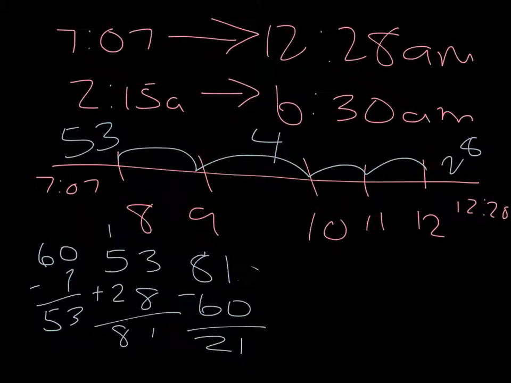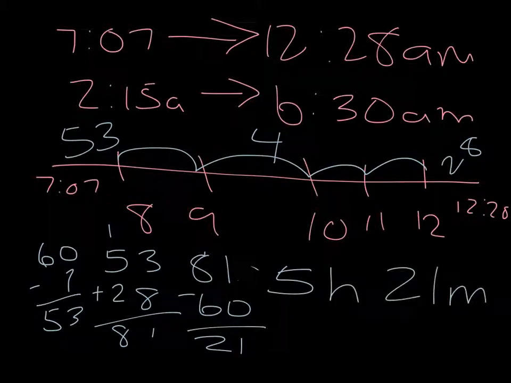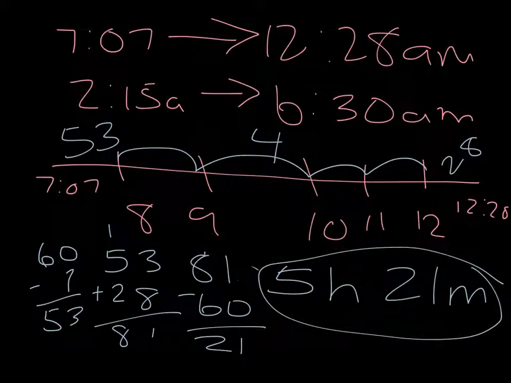Now that means I have 4 hours plus the 1 that I took away, which makes 5 hours, and then 21 minutes. 5 hours and 21 minutes is how long the game took.